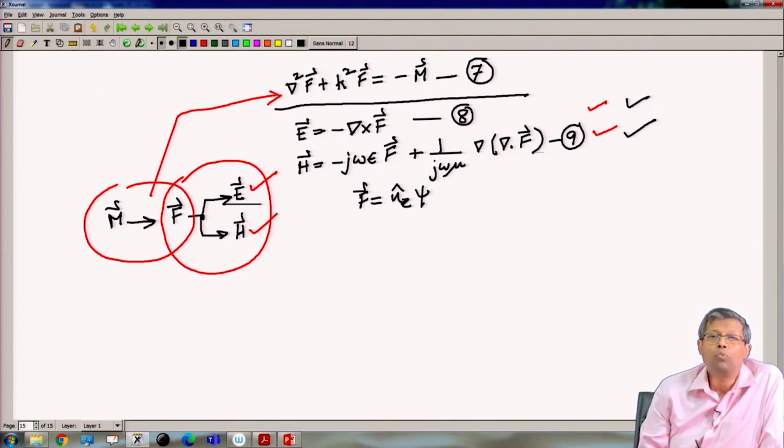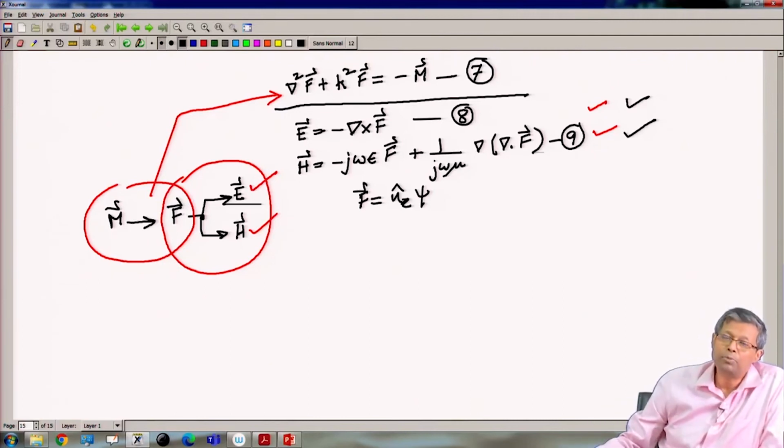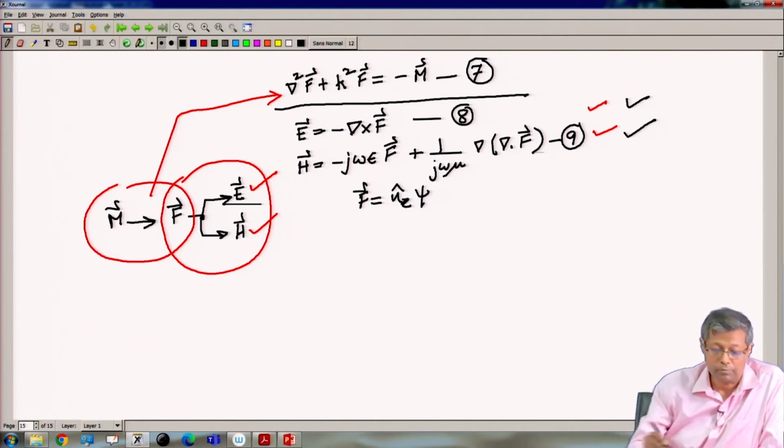I am not going to work through this, you should be working through this and finding out the values of E and H, which will be very similar to, but dual to, the case of the electric current source. So, let me write down the expressions of the fields which you should be verifying.